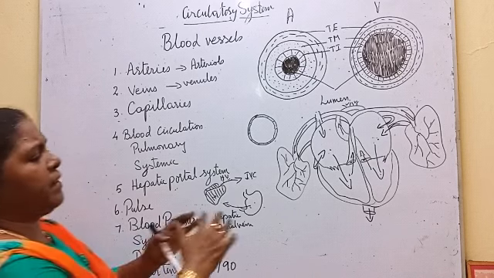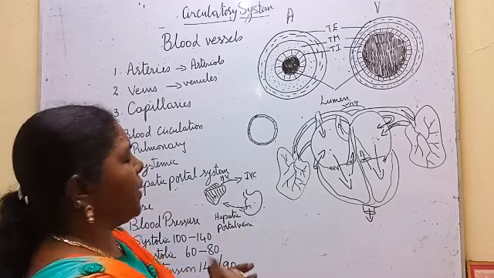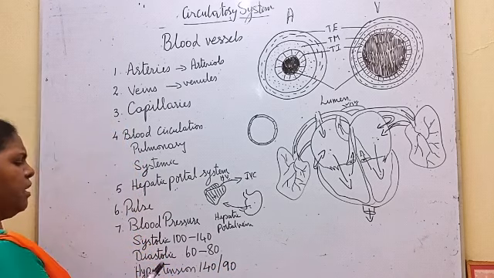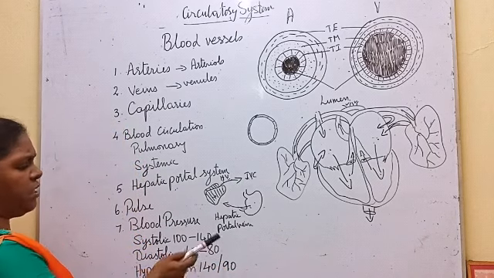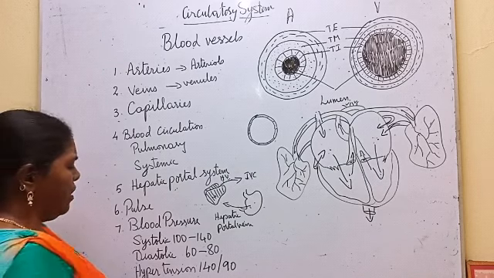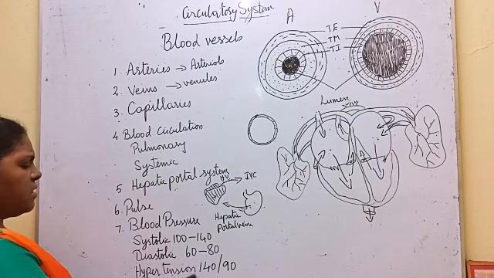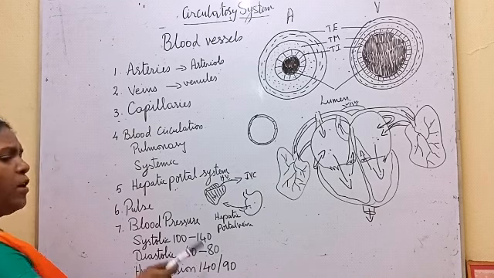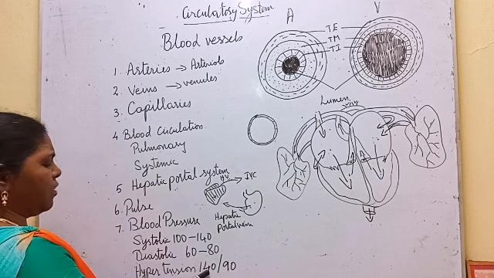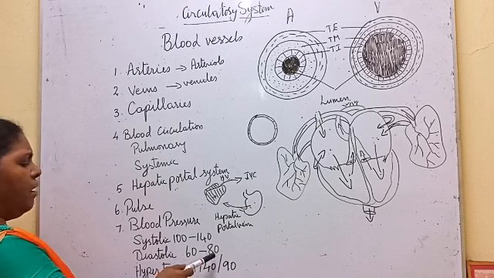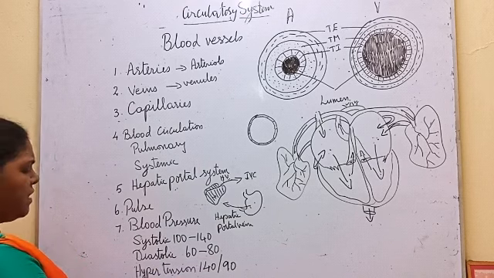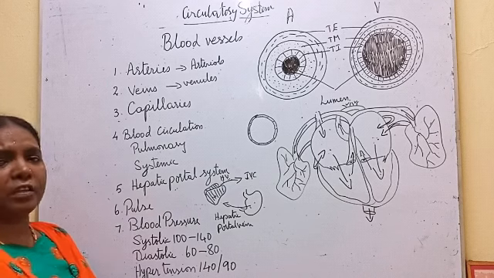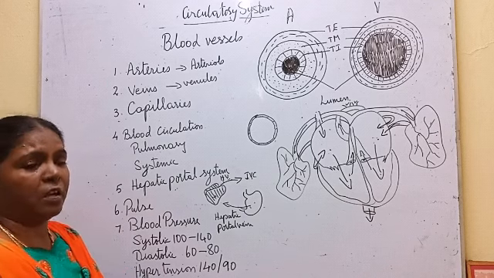Then diastolic, when they relax, the pressure will be less. The normal diastolic pressure is 60 to 80. Okay. So systolic is normal up to 140. If it goes beyond 140, or diastolic goes beyond 90, then it is said to be hypertension. Okay, blood pressure we used to say.